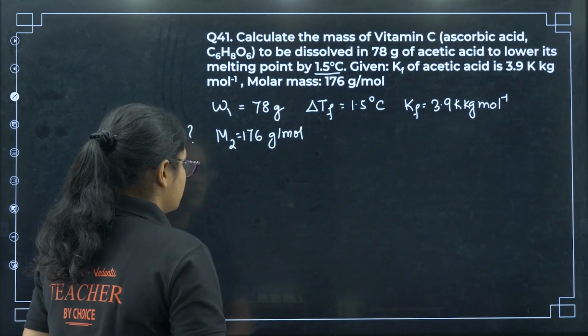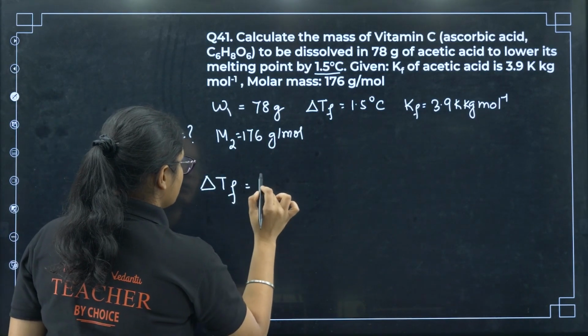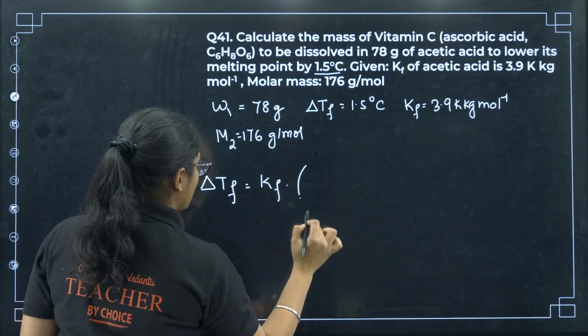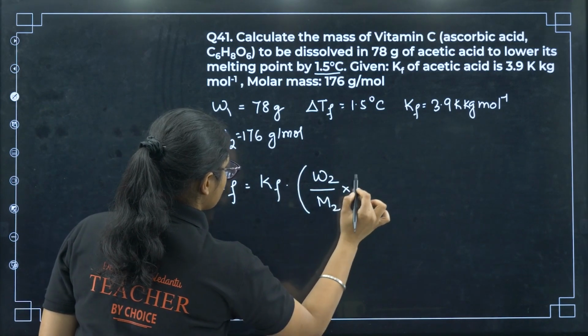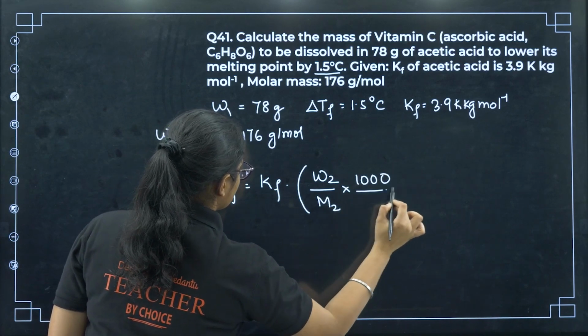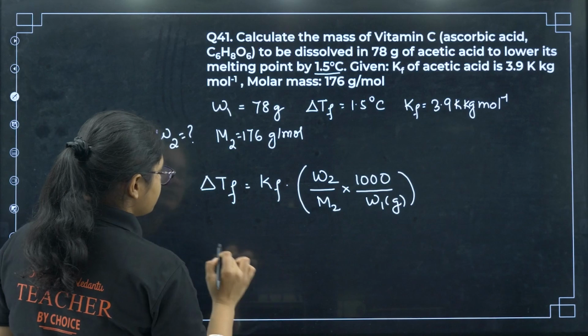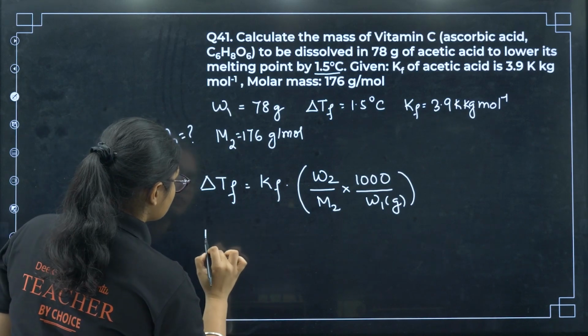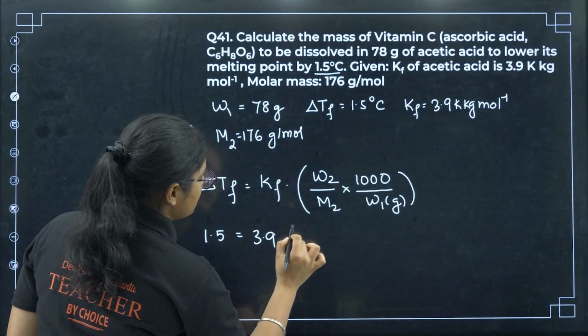Now let me just write down the formula here. Delta Tf is equal to Kf into M, that is W2 by M2 into 1000 by W1 in grams, right. Now if I substitute, delta Tf is how much? 1.5. Kf is how much? 3.9.